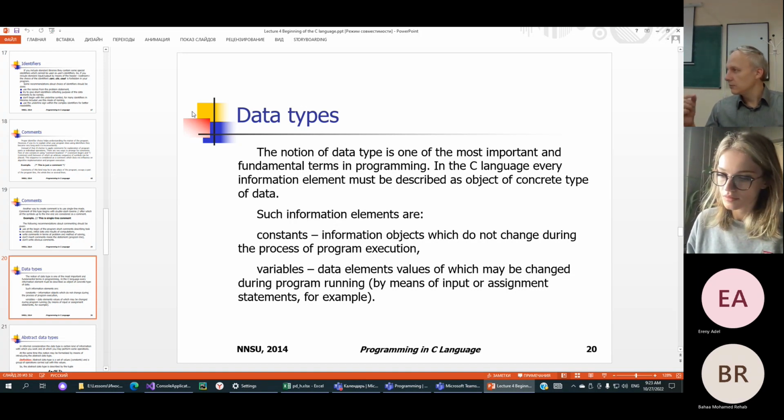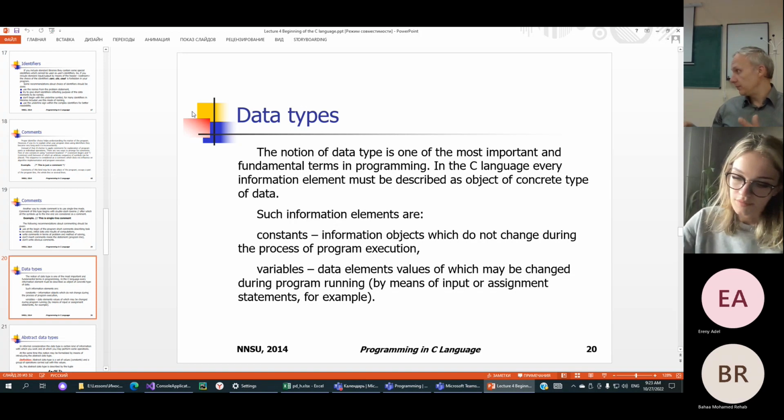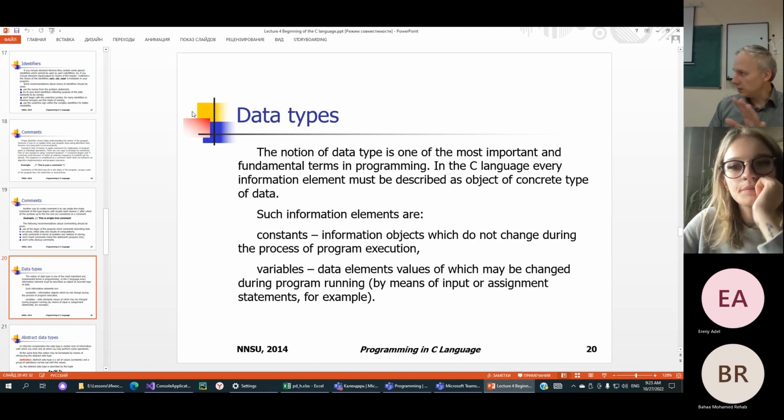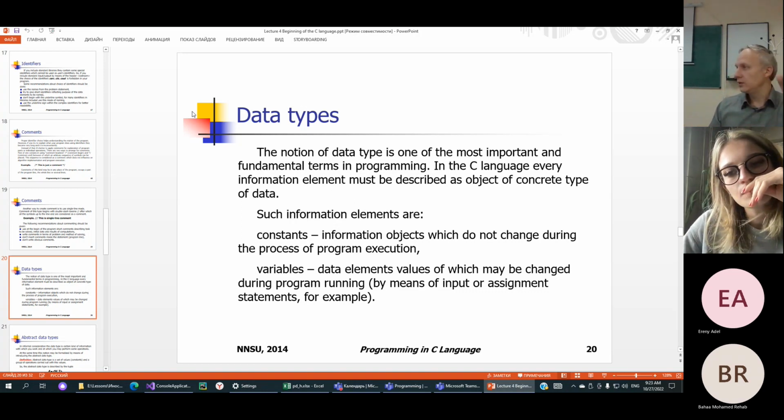It is one of the main differences between C and Python, for example, because in Python you can declare a variable, and Python understands what the type of this variable is in the course of program execution. But in C language, any information object must be declared in advance, and you should specify the concrete data type.